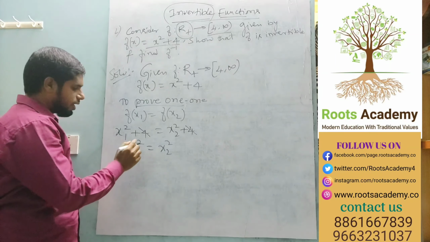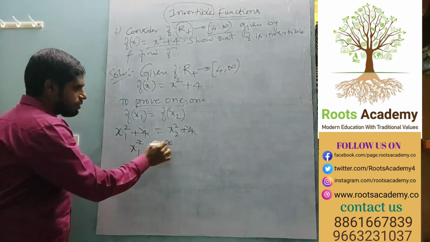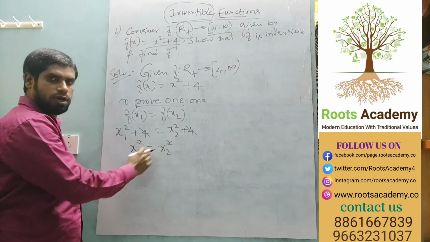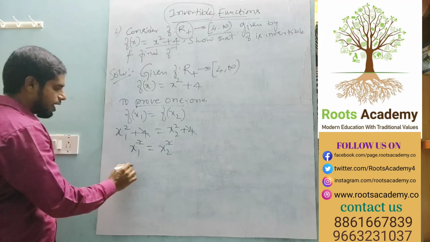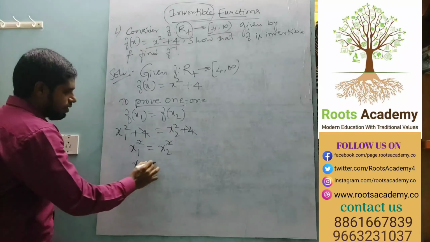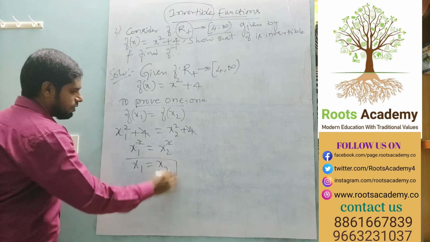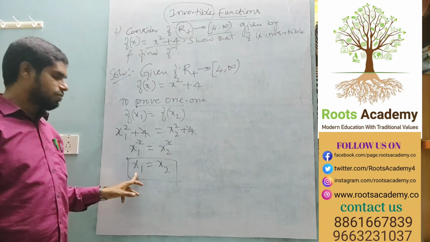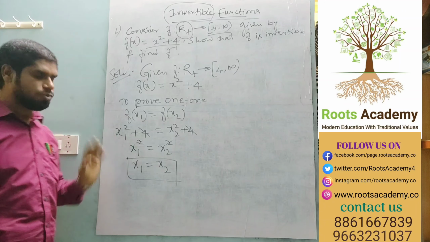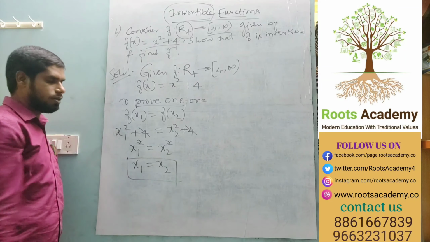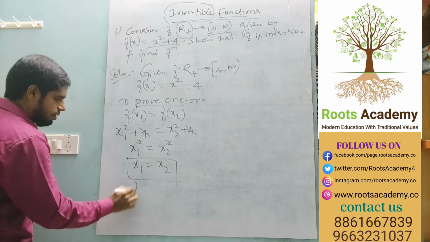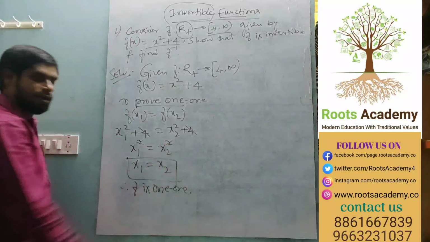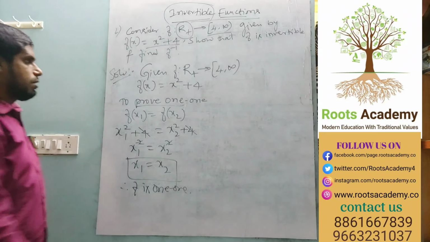So directly I can cancel this square and this square, or I can take square root on both sides, then square gets cancelled. So finally I will get only x1 is equal to x2. There is only one value of x1, that is positive x2. No negative values here. Therefore f is one-one.